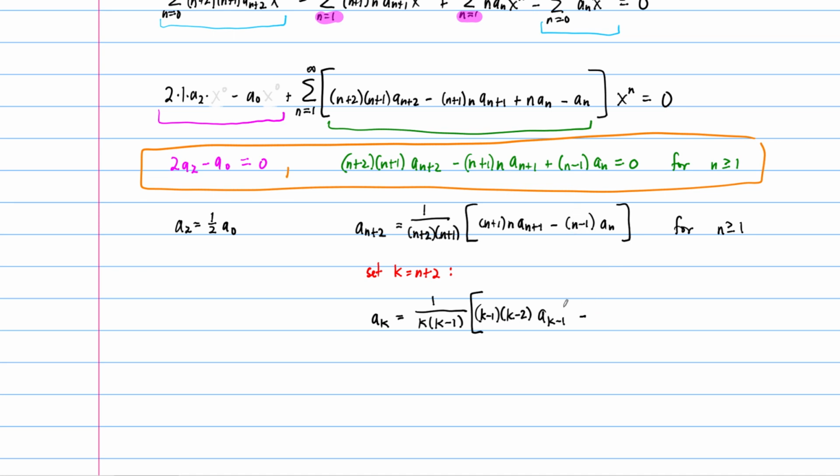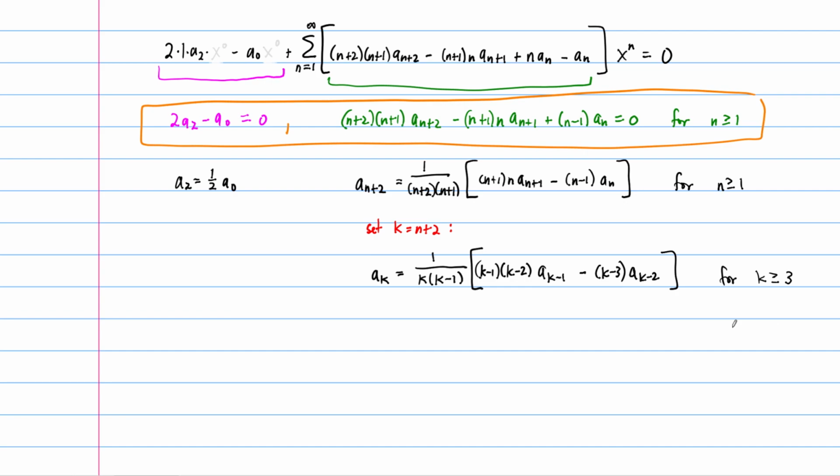So remember how this works. n is equal to k minus 2, so you put this in here, this will be (k minus 3) a sub k minus 2. And now this is true for k bigger than or equal to 3.